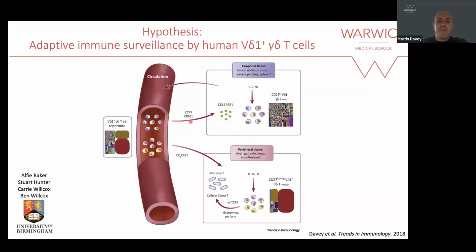And obviously these naive cells express the IL-7 receptor, and lymphoid tissue is one of the key sites for this. So we propose that there's a naive population circulating and also entering these lymphoid tissues.